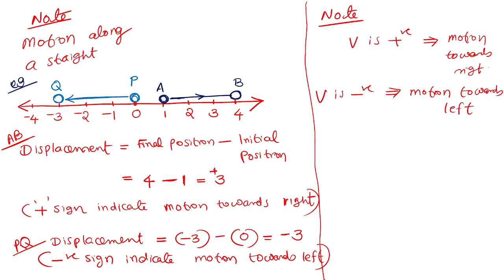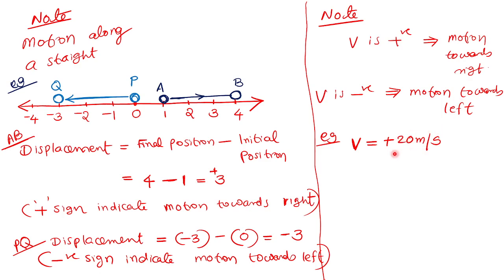So plus and negative sign is sufficient for representing the direction of the motion. For example, a body has velocity plus 20 meter per second. What can we conclude? In 1 second, the moving body will have plus 20 meter displacement.